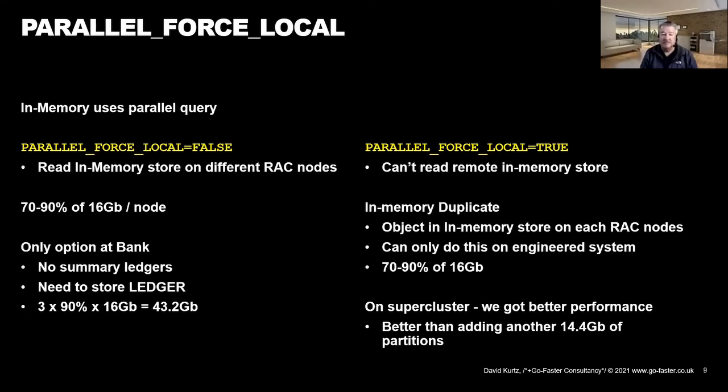I don't know why this is true. I suspect this may be to do with the performance of the interconnect, but I don't know. All I know is we've tested it backwards and forwards several times, and we are better forcing parallel force local at the insurance company. At the bank, there's no way we're doing this because I need the 3 times 16 gig. So it depends.